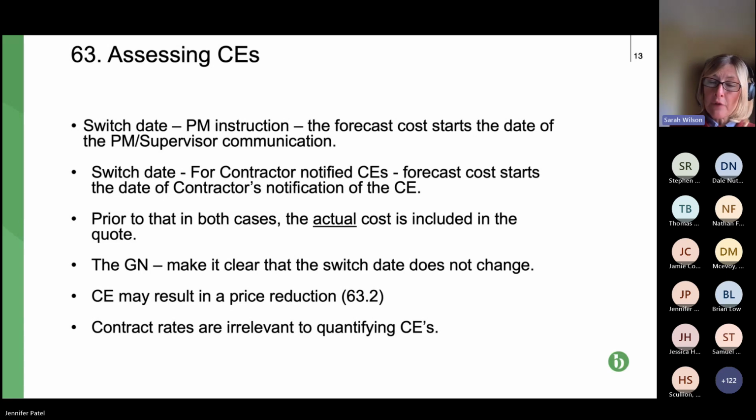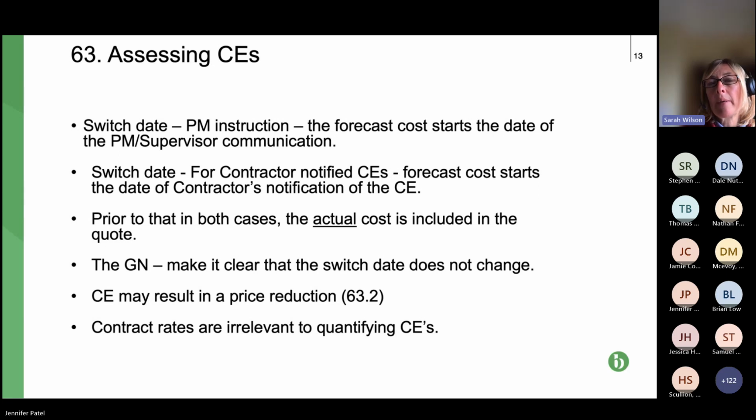So in those situations, in some instances, the contractor might want to leave it quite late. Obviously not beyond the 8 weeks or the 7 weeks in a subcontract, but leave it late so that its quote can be on the basis of the actual cost incurred. It very much depends upon the circumstances, I guess.